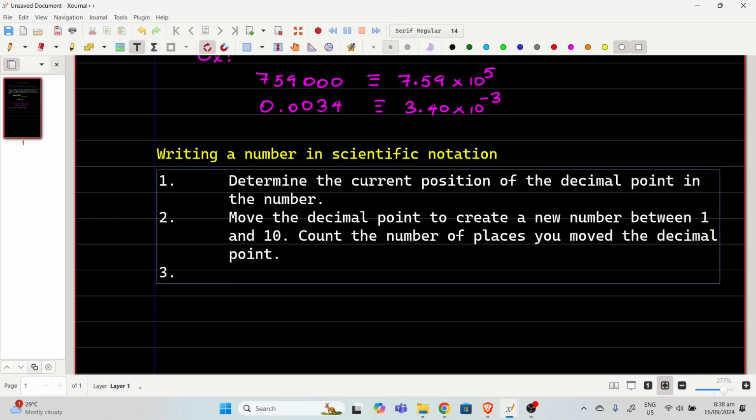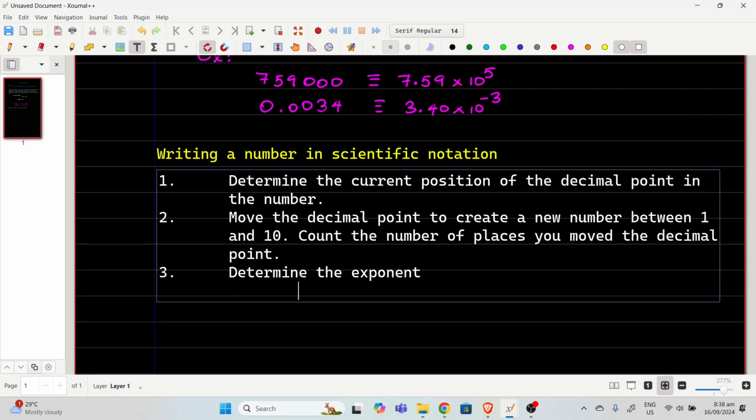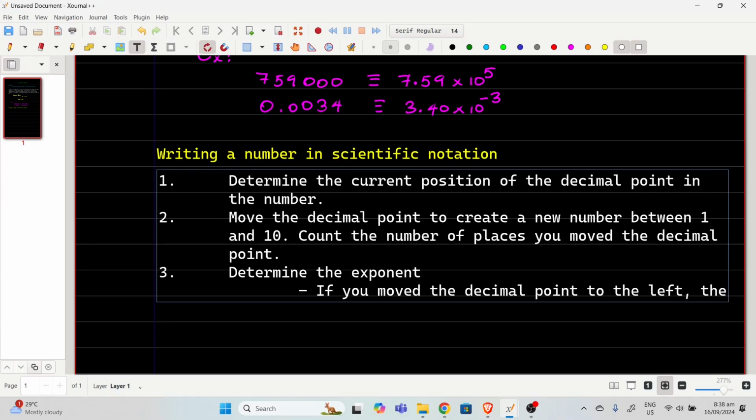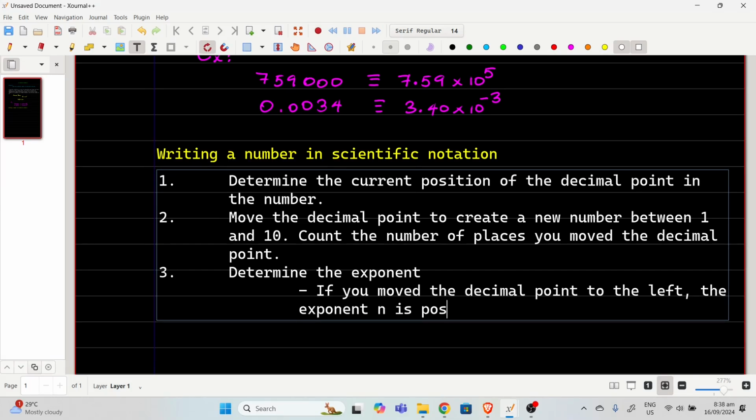The third step is you're going to determine the exponent by one of the following. If you move the decimal point to the left, the exponent n is positive.